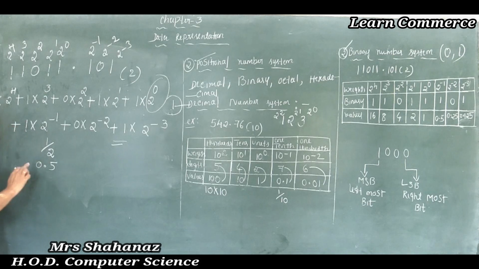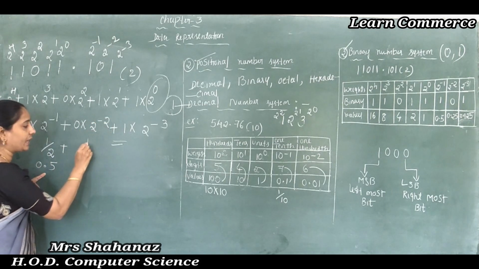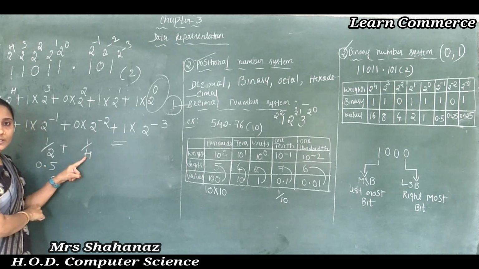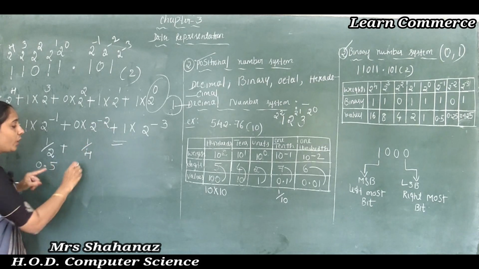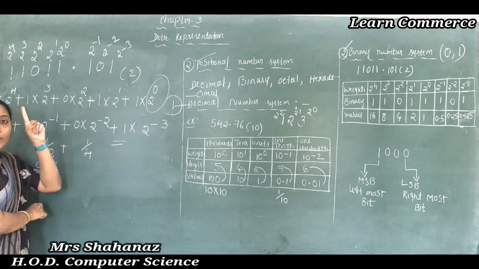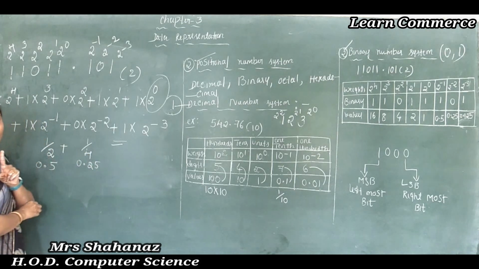So 0.5, 1 by 2. And later plus 2 to the power of minus 2, that means 1 by 4. Clear this point here? 2 to the power of minus 2 is equal to 1 by 4. So if we say 1 by 4 of 1 rupee, sure we can say that is 25 paise, 0.25.